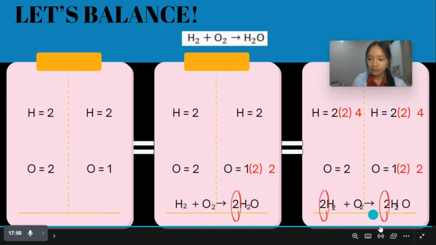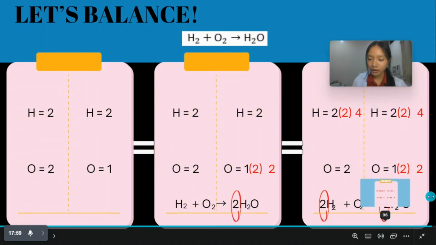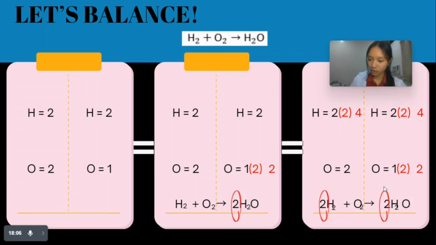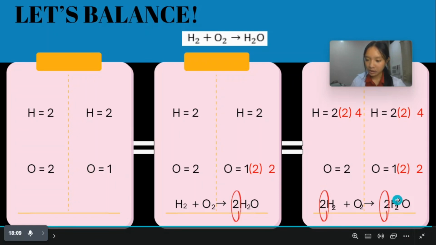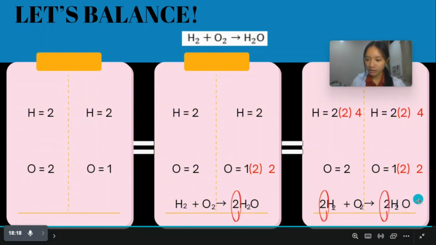On the right side here, we also have 4 hydrogen atoms because there is a coefficient 2. So 2 times the subscript of hydrogen 2 is equal to 4. That's why we got 4. And 2 times the subscript of oxygen, which is 1, equals 2.